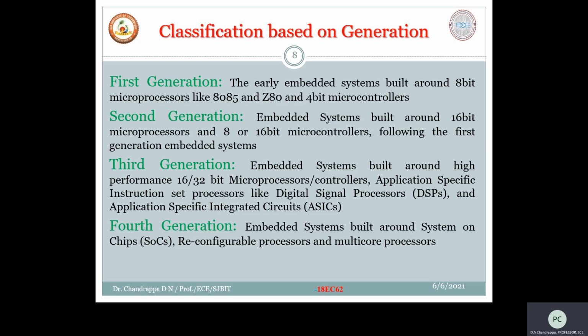In the third generation, the embedded system is built around high performance 16 or 32-bit microprocessors or microcontrollers, and introduced application specific instruction set processors like digital signal processing, DSP, and application specific integrated circuits, in short called ASICs.